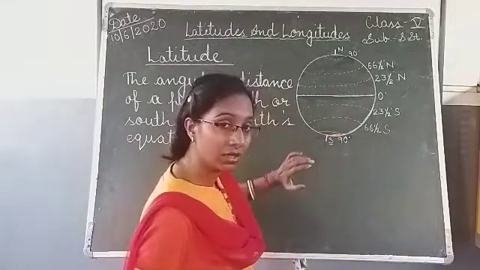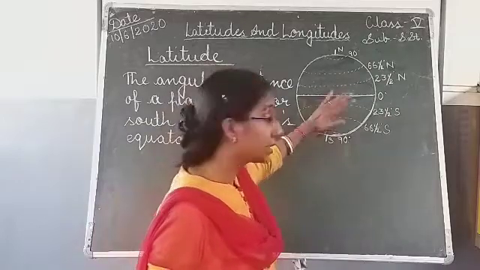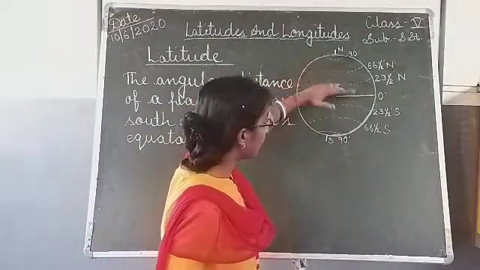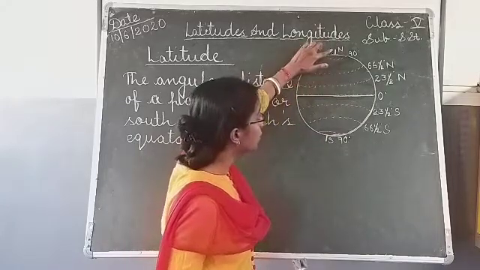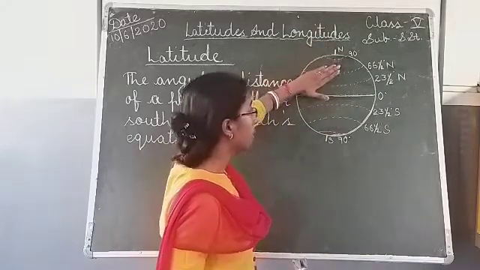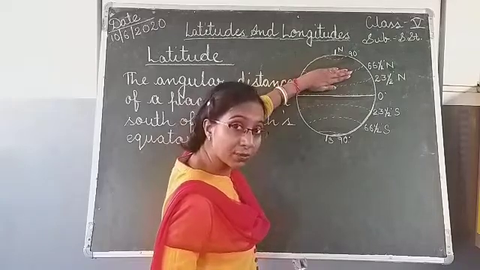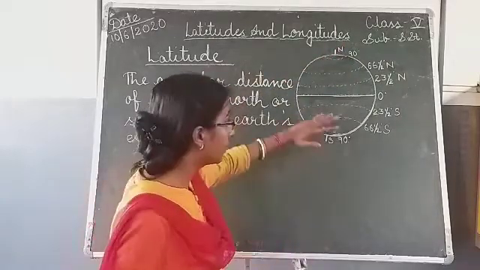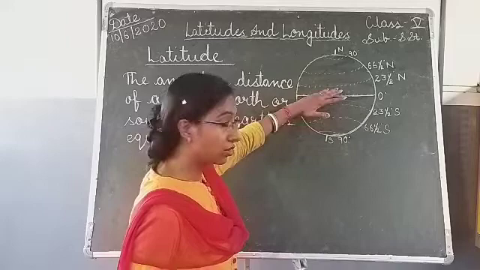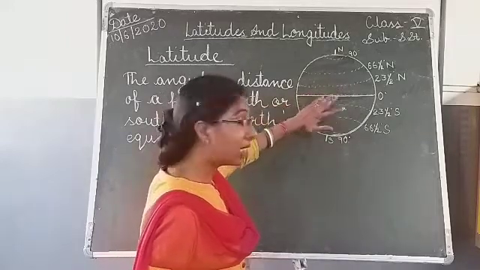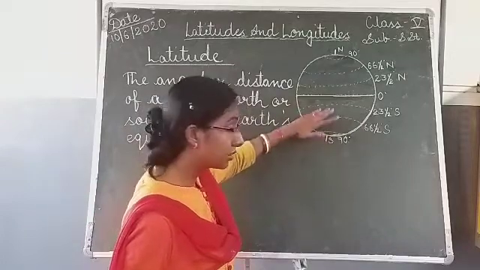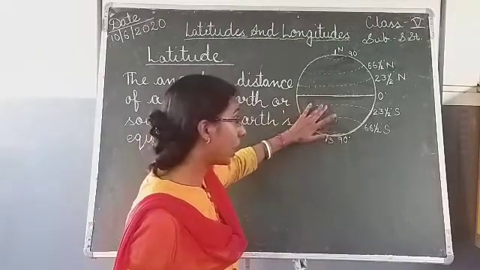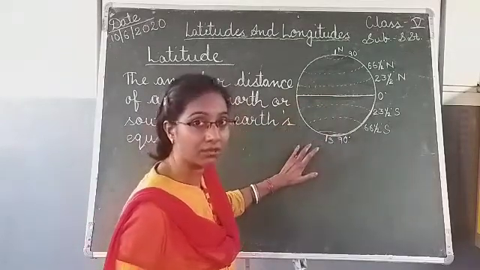The part of the Earth's surface from the equator to the North Pole is called the northern hemisphere, and the part of the Earth's surface from the equator to the South Pole is called the southern hemisphere.